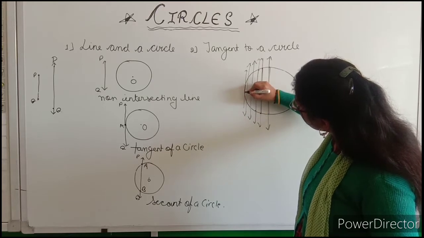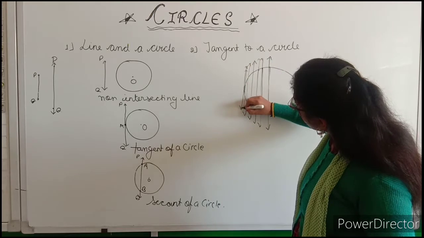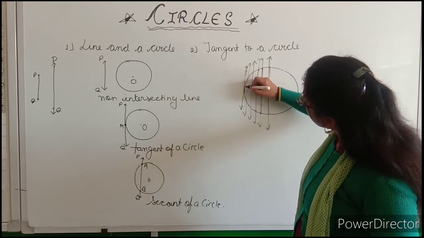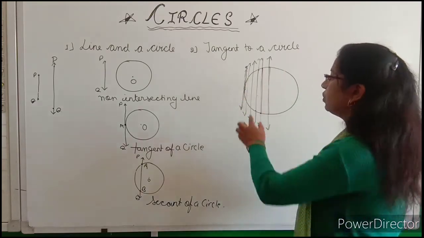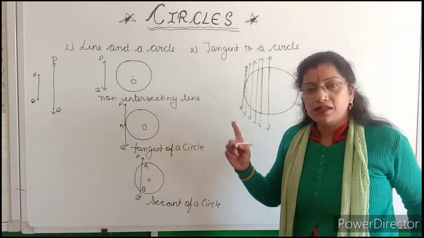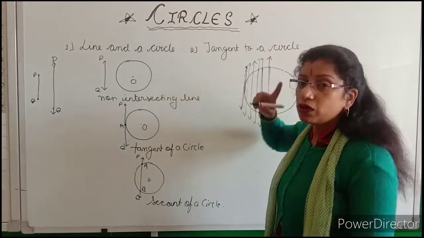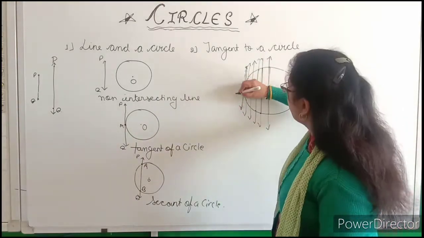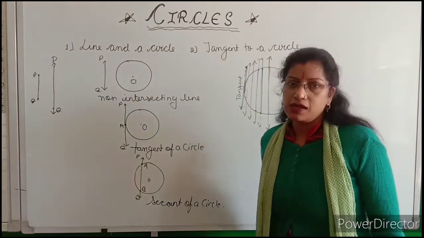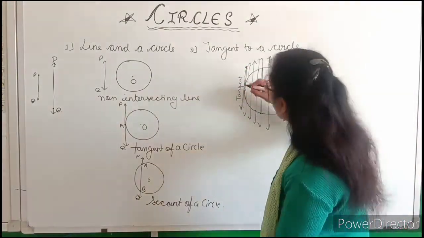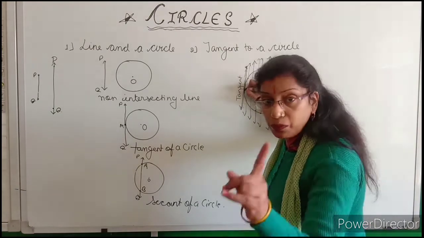Then it reaches here, where there is only one endpoint. So when the secant reaches the condition where there is only one endpoint, it is called the tangent of a circle. Now the secant has become the tangent of a circle. The 2 points become 1 point.